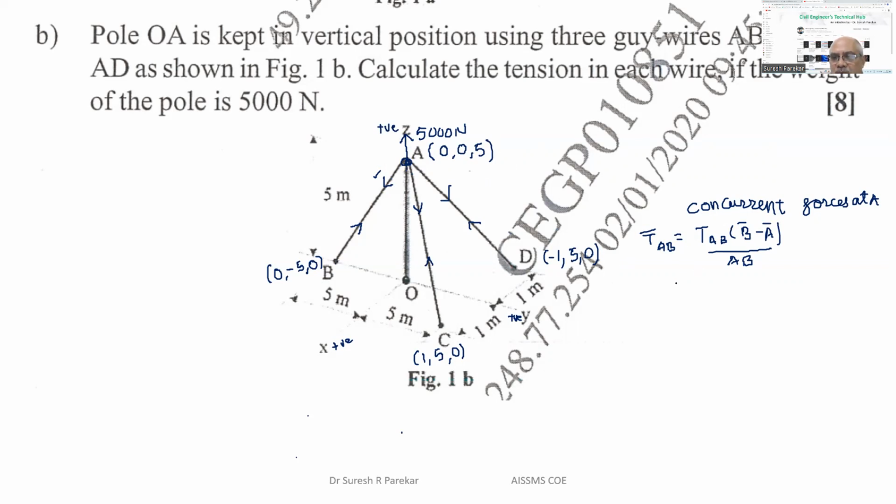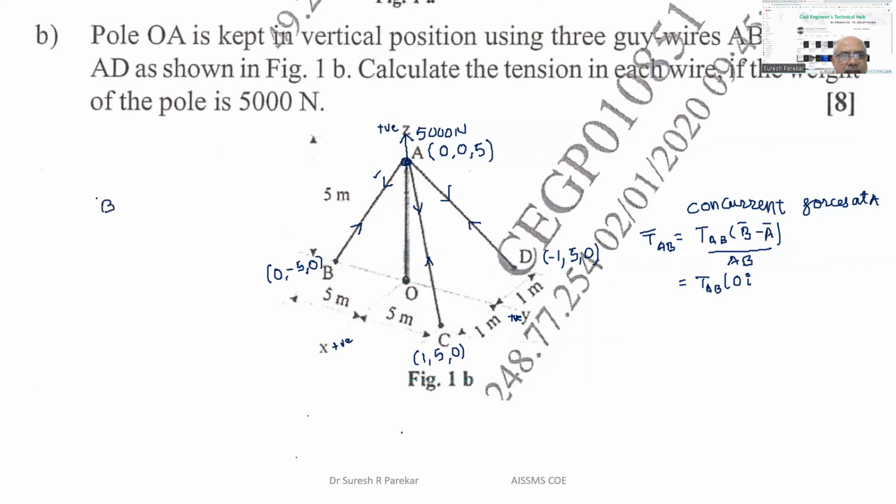And then we have to put in the values. TAB, B bar minus A bar. B is 0, A is 0, so 0I, then we have -5J, 0.